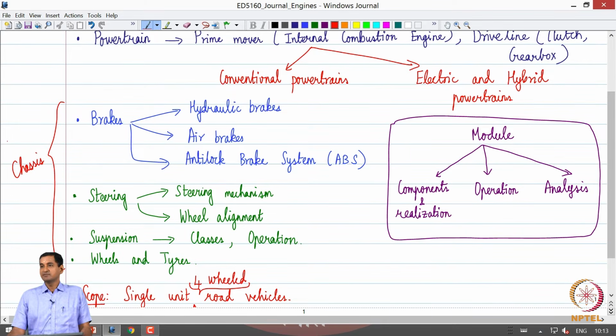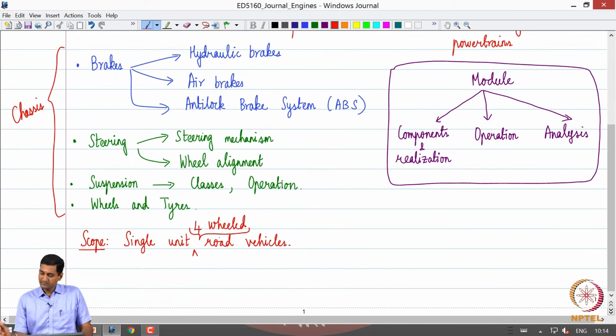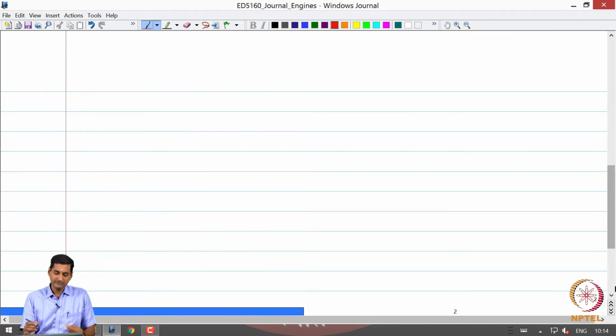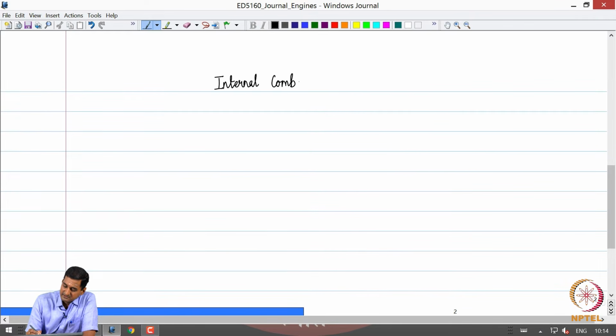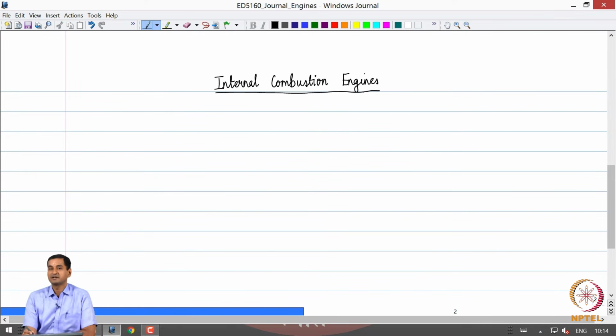So, essentially we are going to focus on these aspects as part of this particular course. So, to begin with, let me start with internal combustion engines. So, we are going to look at the powertrain. First, let us look at the prime mover. So, we will learn about internal combustion engines, their types, their components, their operation and analysis and certain important features.